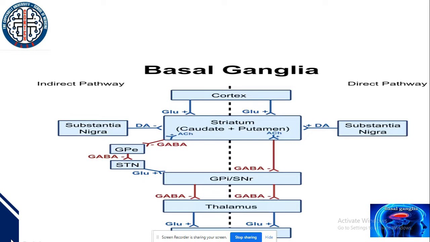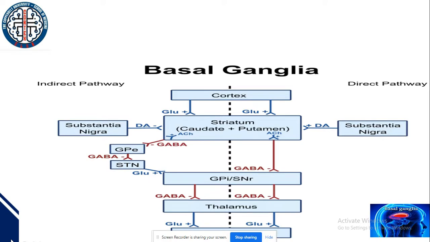So again, the cortex will still produce glutamate, which is going to act on the putamen or the caudate nucleus. This time around, let's use the caudate nucleus so that we don't just leave it. So glutamate is going to act on the caudate nucleus.